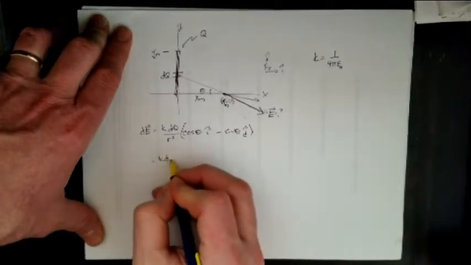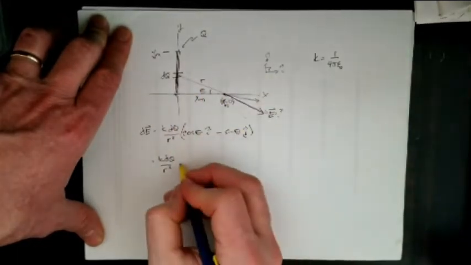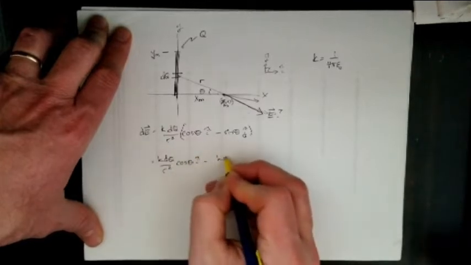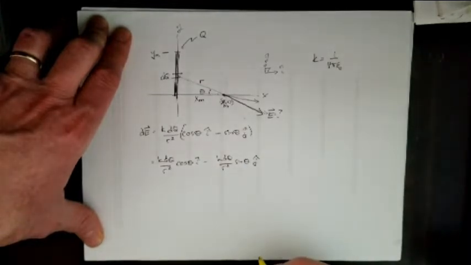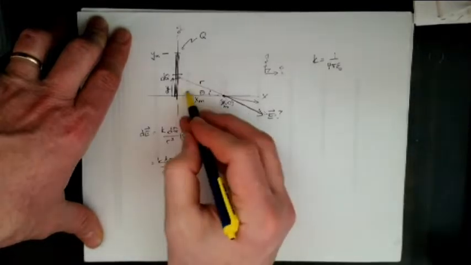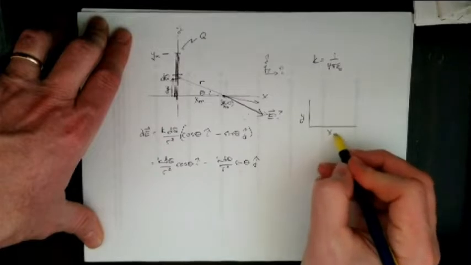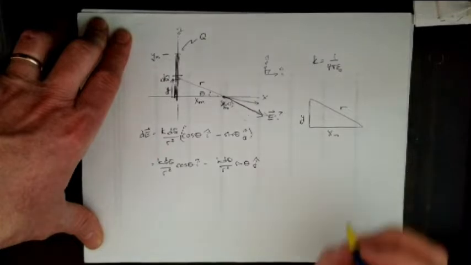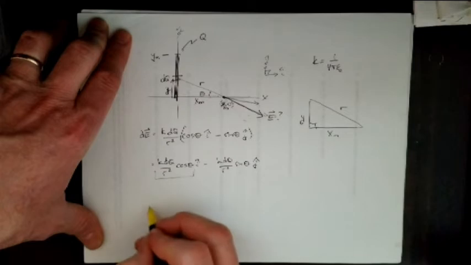Distributing, I have k dq over r squared cosine theta i hat minus k dq over r squared sine theta j hat. The distance from here to here is y. So I basically have a right triangle: y this way, x sub m that way, and r that way. So let's solve for this one first.